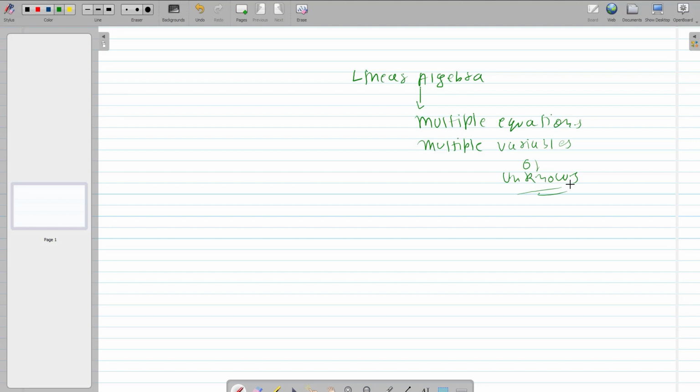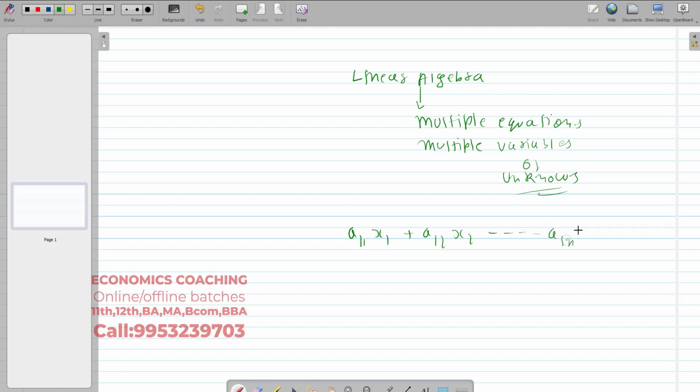So for example, you can have any system of equations. In general form I can write a11 x1 plus a12 x2 till a1n xn is equal to something, let's say b1.